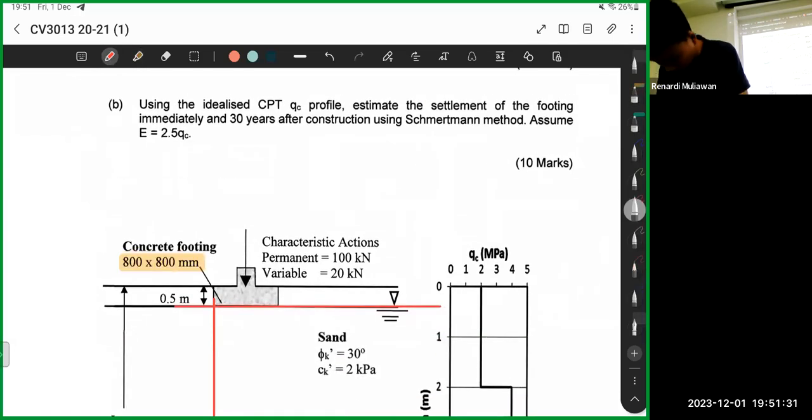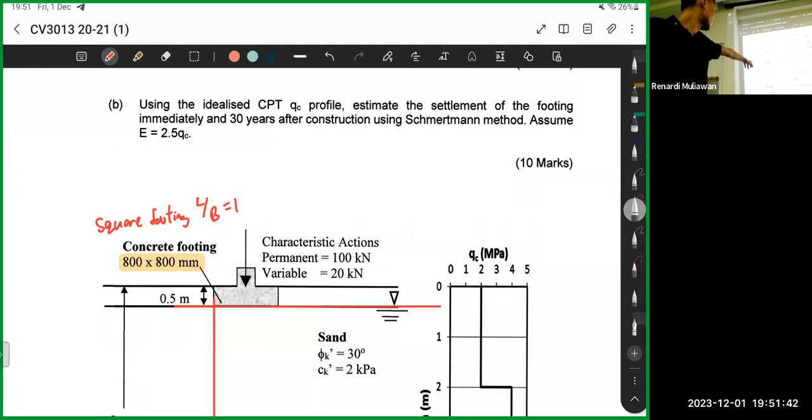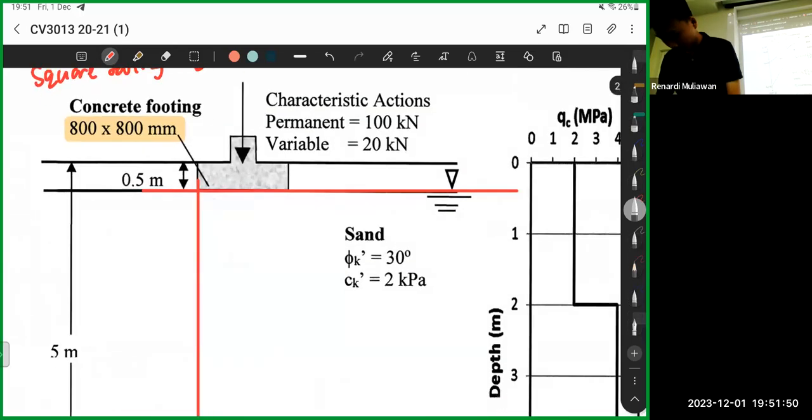So this is a square footing, L over B equals 1. You follow the solid line, so it starts from 0.1.